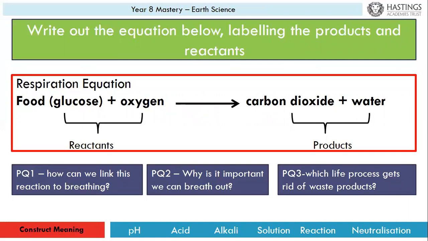They're labelled up: reactants, the things that react, the things we need, and the things that are produced. You need to write this down and pause the video. If you want to, there are 3 extension questions there. However, I've got a number of tasks for you to do, and you don't necessarily need to do those extension questions just now.